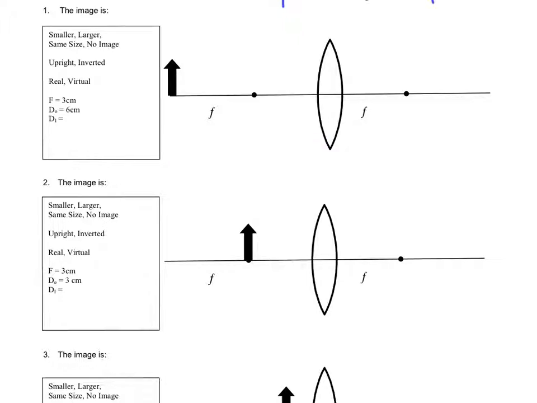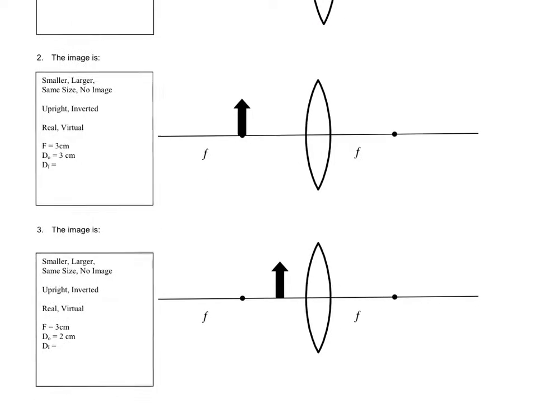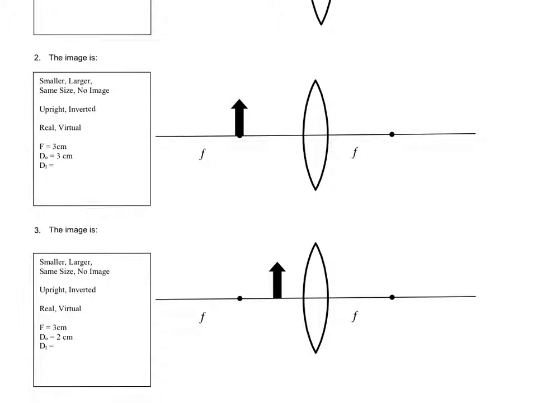If I look down here at my next diagram, you'll notice that the object is now on the focal point itself. And when objects are on the focal point itself, they will demonstrate certain qualities. So let's go ahead and draw our diagram here. First ray passes through the center of the lens parallel to the axis.